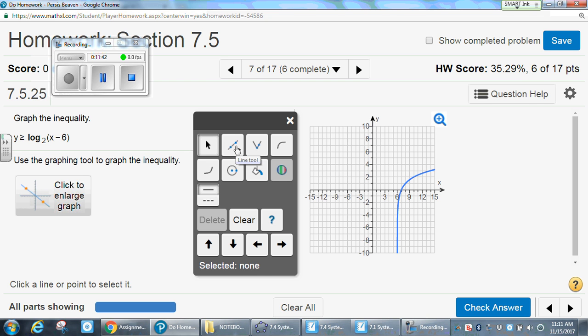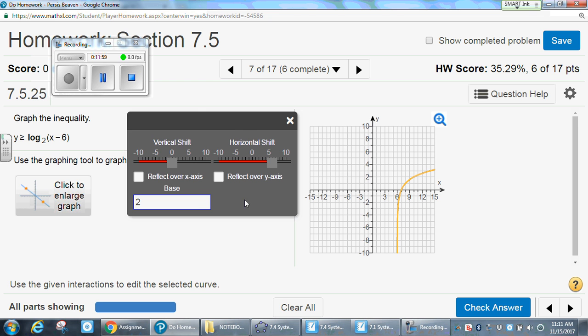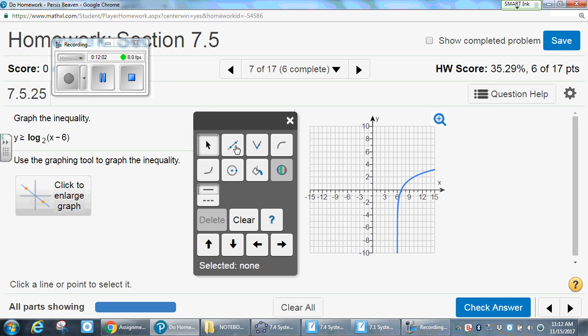The asymptote is going to be a vertical line, which is dash, at x equals 6. So we just need 2 points right there. Oh, no, it's wrong. Is that going to delete everything? Oh, good. So you go back, line, dash, because there's a vertical asymptote, and it's right here, at x equals 6.